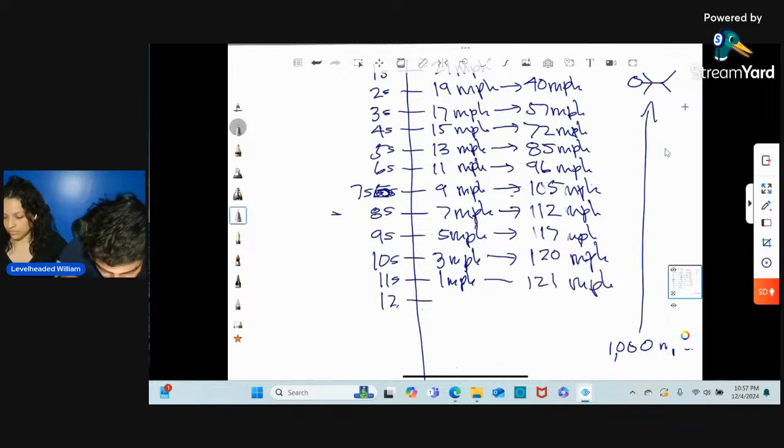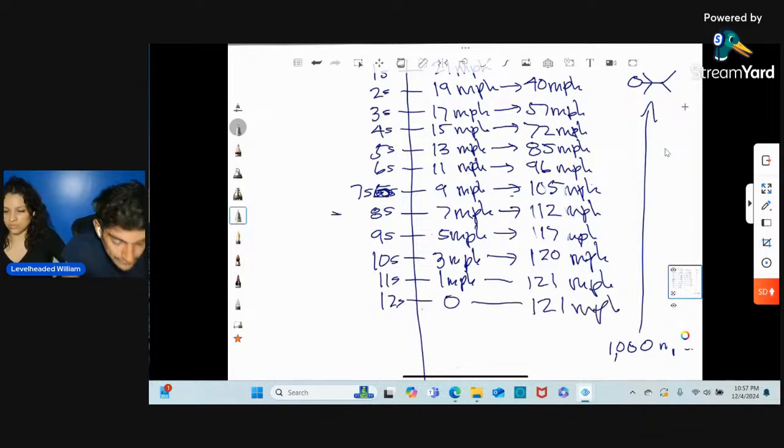There we go. And at 12 seconds, it basically reaches terminal velocity at 121 miles per hour. Okay, my bad. I kind of did my math a little wrong there. I added 5 instead of 9 right here.